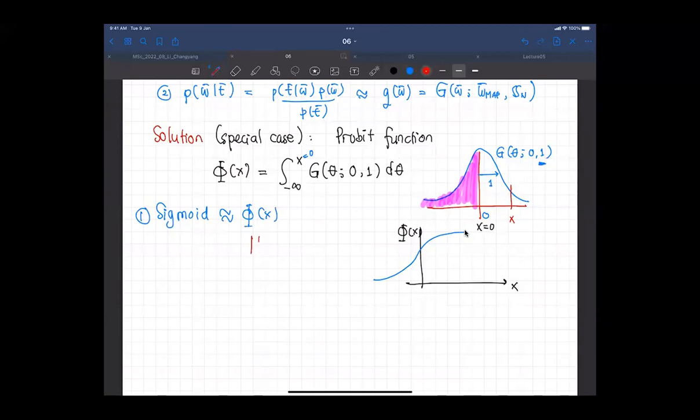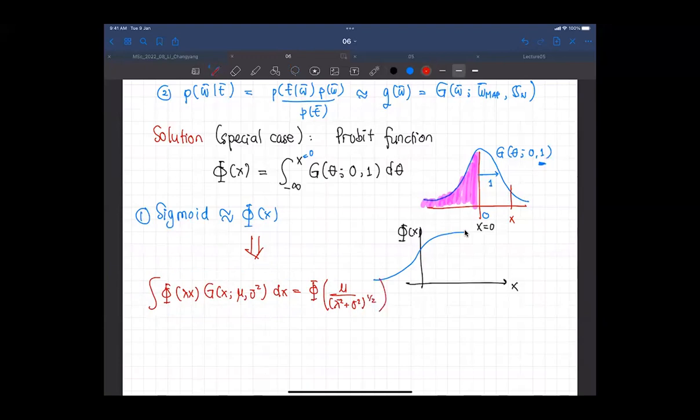The second point is that there is something interesting about the probit, because the integral of the probit of lambda x multiplied by the Gaussian of x with mu and sigma square dx equals a probit function itself, of mu over the square root of lambda to the power of minus 2 plus sigma square, to the power of 1 over 2.